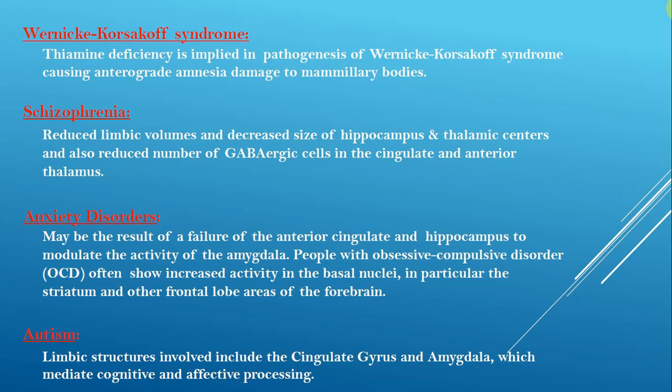People with obsessive compulsive disorder, or OCD, often show increased activity in the basal nuclei, in particular the striatum and other frontal lobe areas of the forebrain. Lastly, autism: limbic structures are involved, including the cingulate gyrus and amygdala, which mediate the cognitive and affective processes. So this is in short about the limbic system.